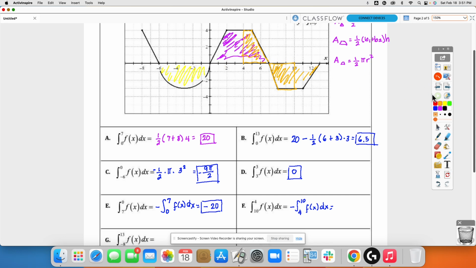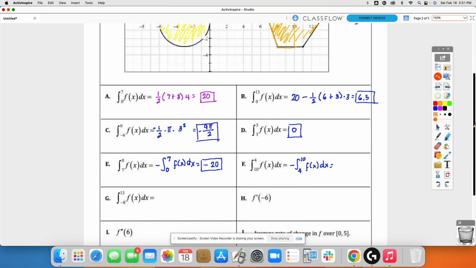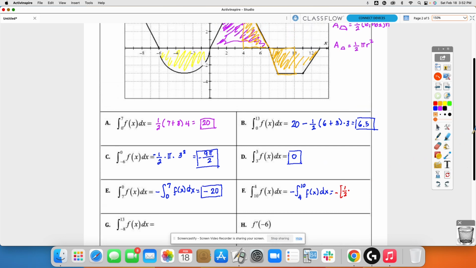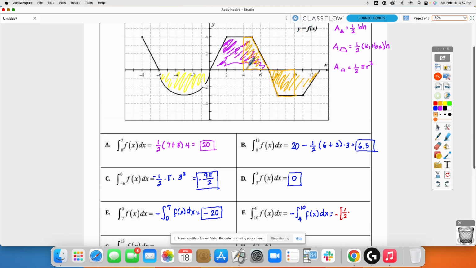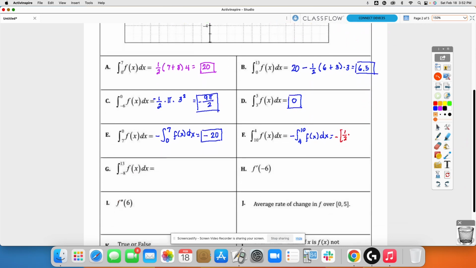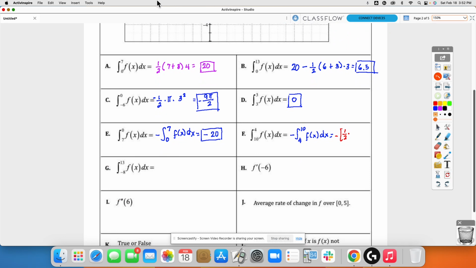So from 4 to 7, the area of the trapezoid would be 1 half. Oh, don't forget that negative. So negative, and then we have 1 half times the bases from 4 to 7, that would be 3 plus 1, and then the height is 4.